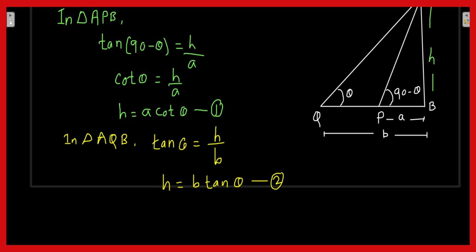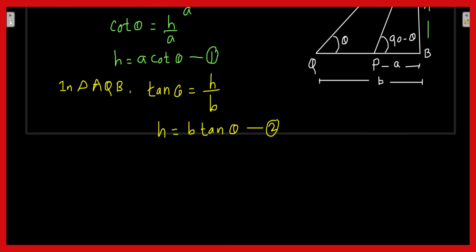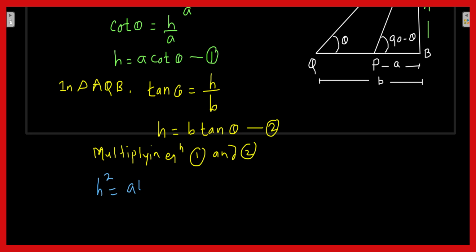Now multiplying equations 1 and 2, we get h into h, that will be h square, which is equal to here a into b, that will be ab, and cot theta into tan theta.